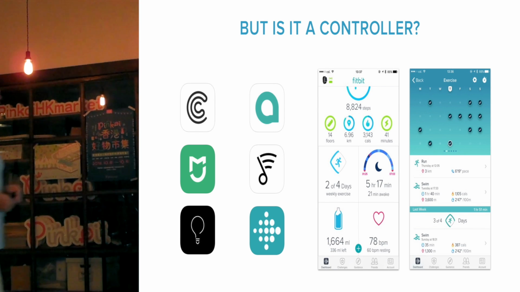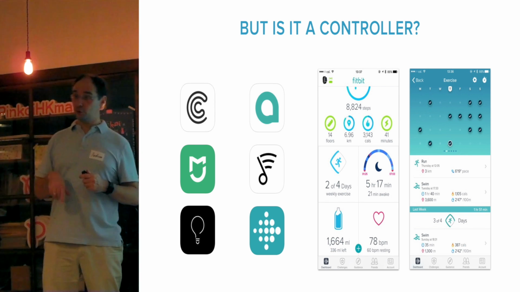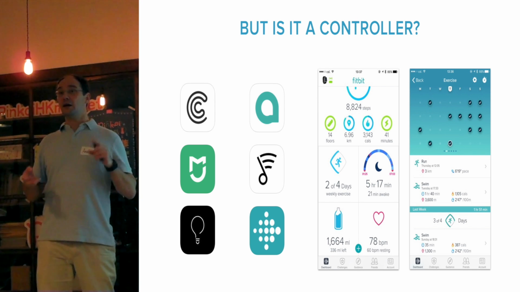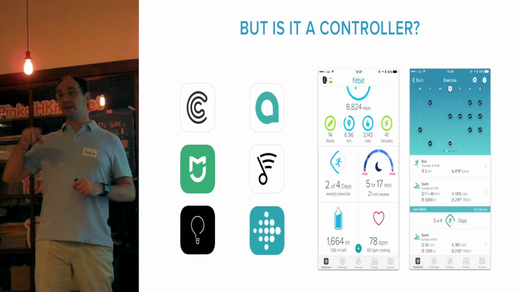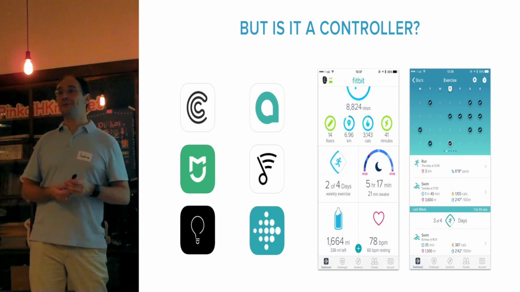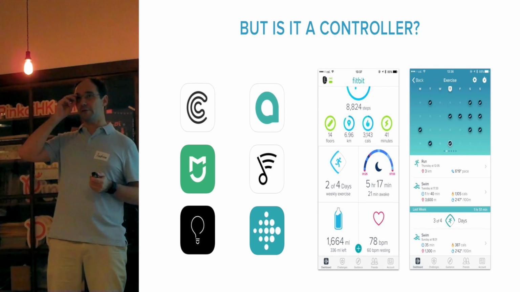Right. Okay. So specifically, once it is connected to a speaker, this app can switch on, switch off the speaker, play certain preset playlists, change the volume. It can connect via Bluetooth if you don't want to connect via Wi-Fi.